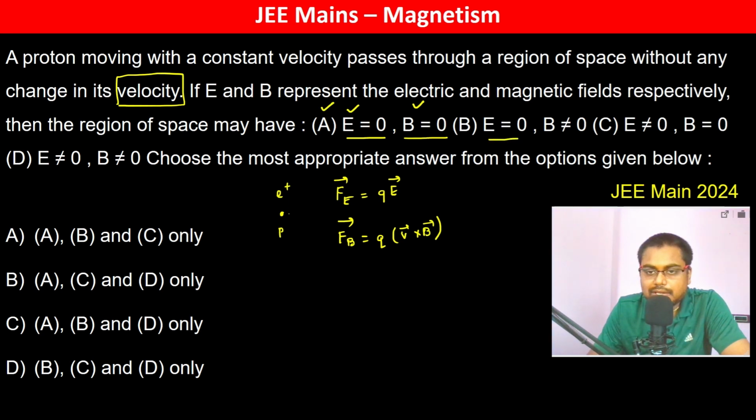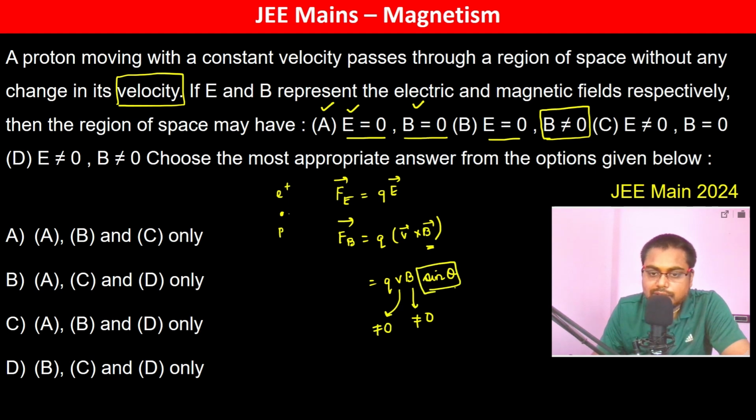Second, force due to electric field is 0, but the magnetic field is not 0. So we can write QVB sine theta. Magnetic field is not 0, V is also not 0, but sine theta can be 0 if velocity is along the direction of magnetic field. So yes, this also is possible.